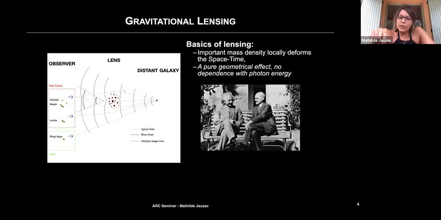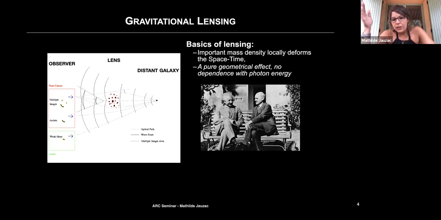If you look at the picture on the right-hand side of the slide, it's Einstein and Eddington sitting on a bench in Cambridge in 1919, sorry. The reason why I'm putting this picture here is because lensing was predicted by GR based on the assumption that an inputted mass density is going to locally deform the space-time.